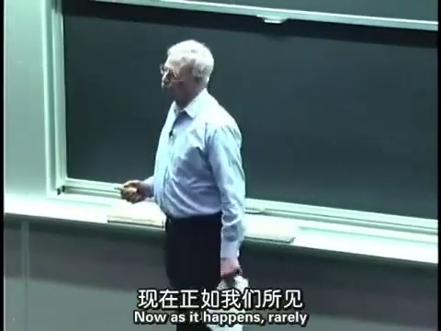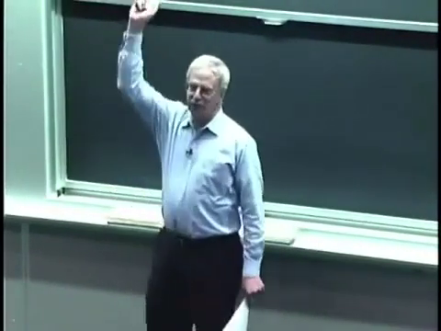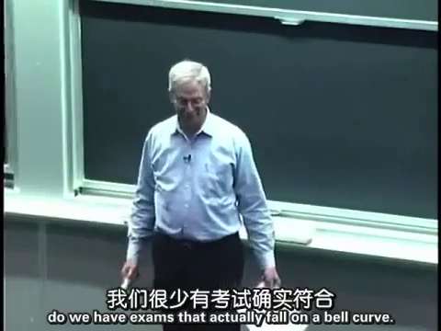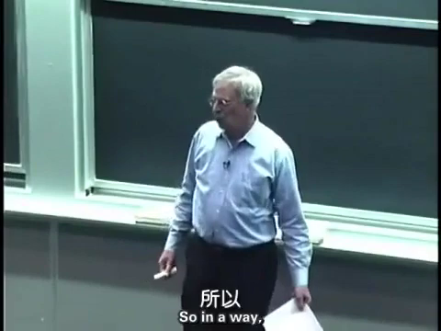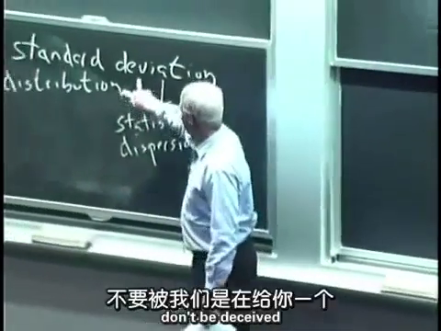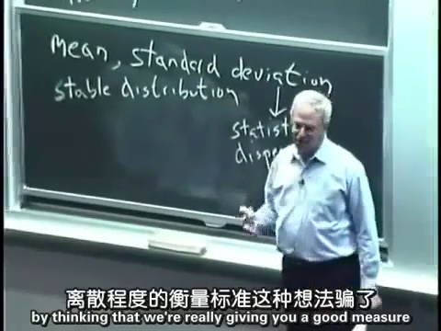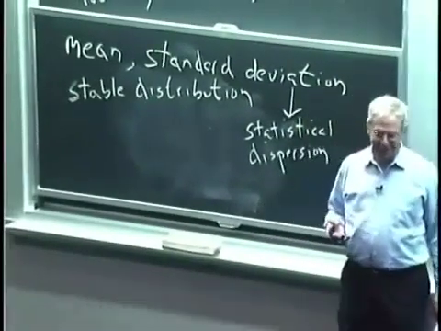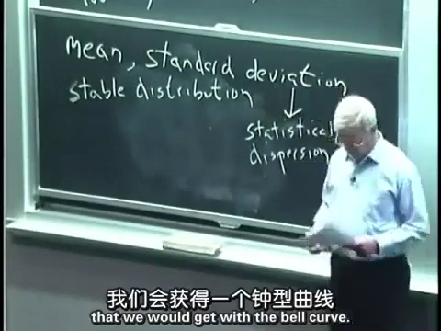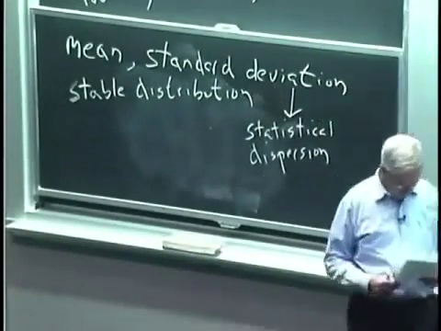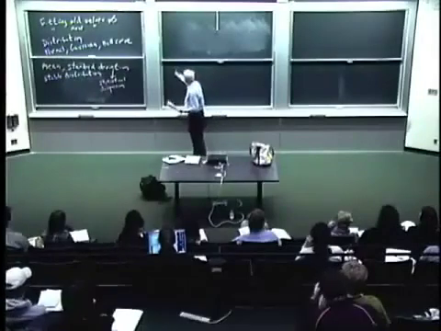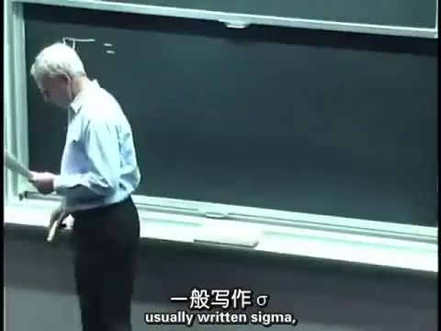Now, as it happens, rarely do we have exams that actually fall on a bell curve like this. So in a way, don't be deceived by thinking that we're really giving you a good measure of the dispersion in the sense that we would get with the bell curve. So the standard deviation does have a formal value, usually written sigma.